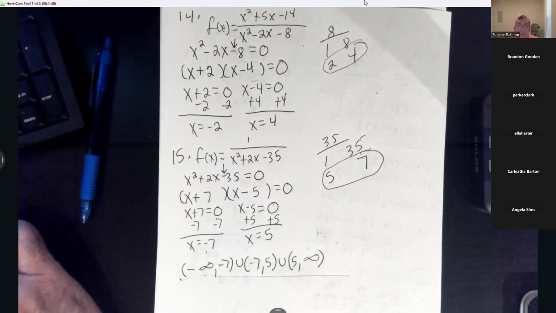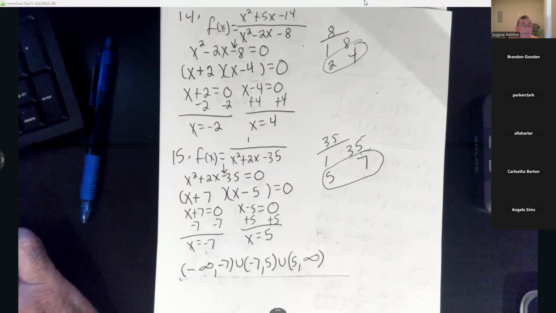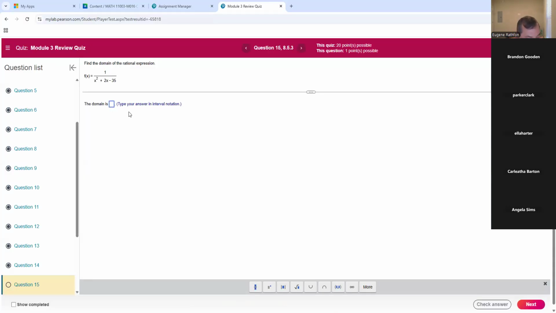So y'all, let me see how they got this. So we're going to come in here, parentheses, start at negative infinity. There's an infinity down here. And then comma, that's going to go to negative 7. Close parentheses. So does the top number matter at all? No. Only that bottom, okay? And it's all because you can't divide by 0.